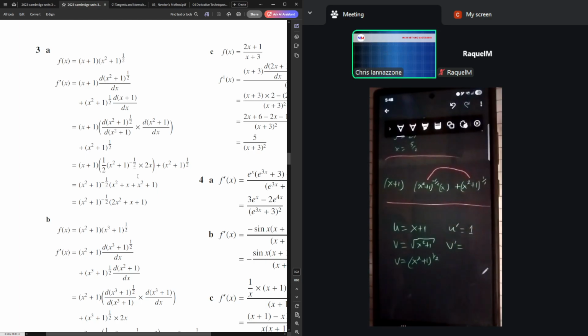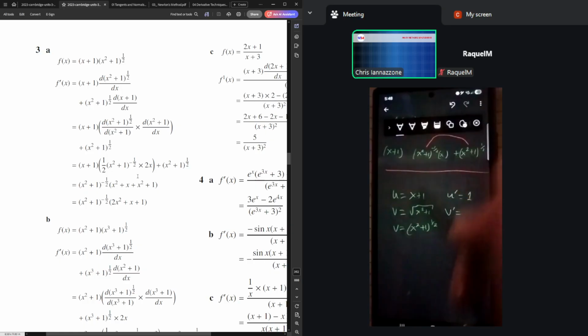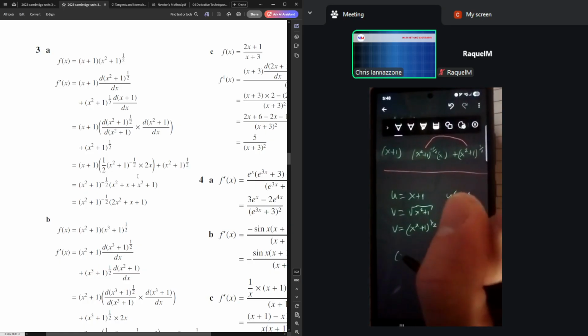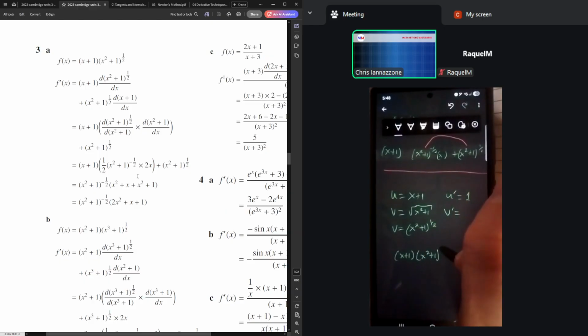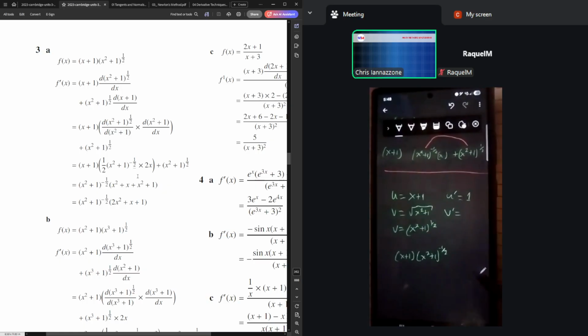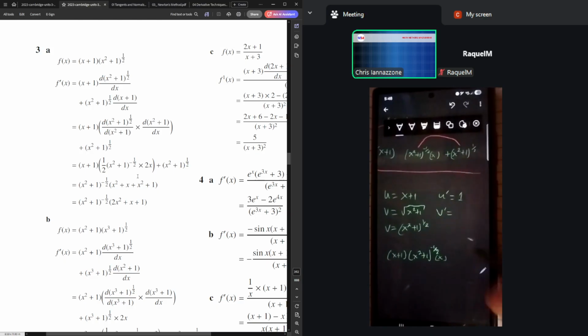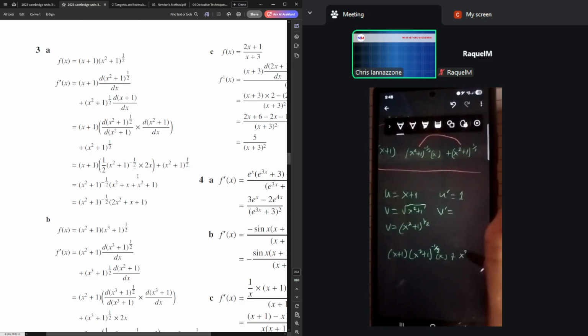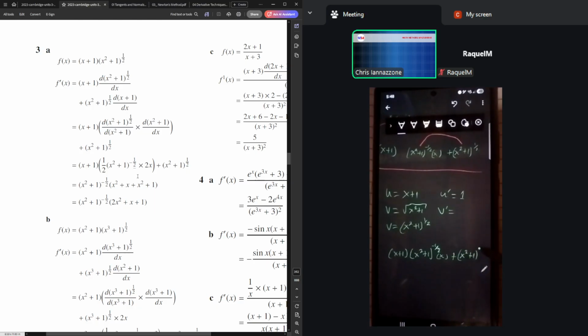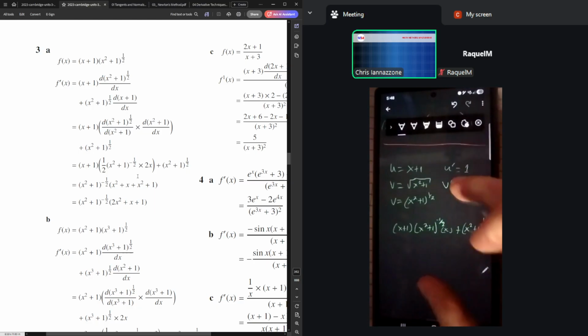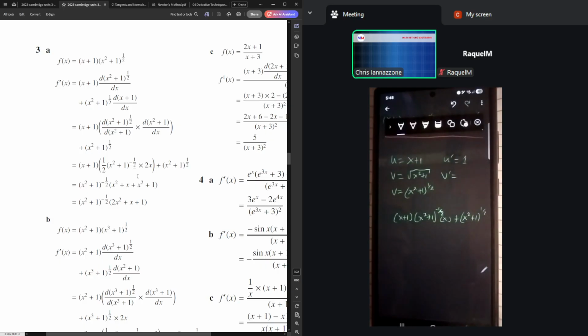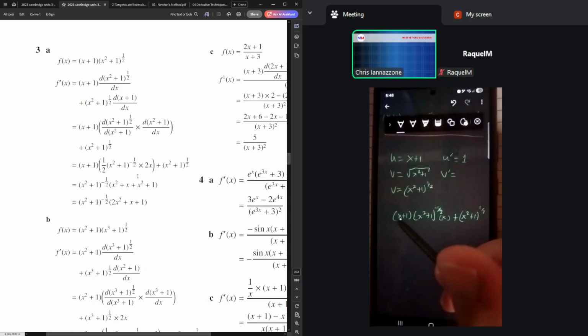Okay. So let me grab a copy of this down here so we can start working with more space. Got x plus 1, we got x squared plus 1, power of minus half. There's also an x. And we got plus x squared plus 1, power of half. Cool. So from here, probably one of the things to do would be to expand out the x and the x plus 1.